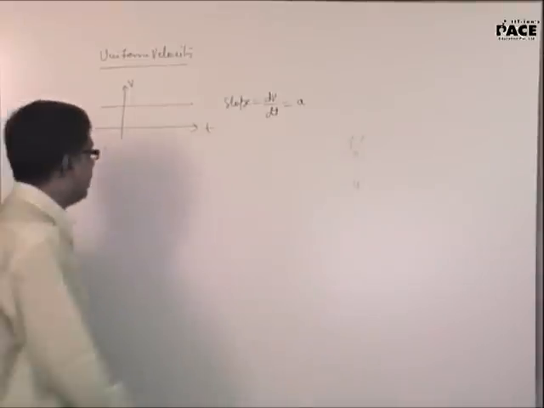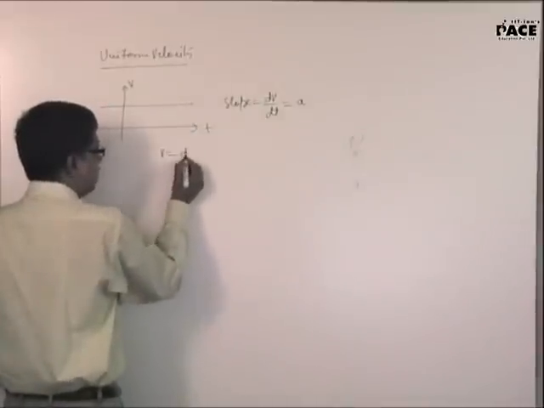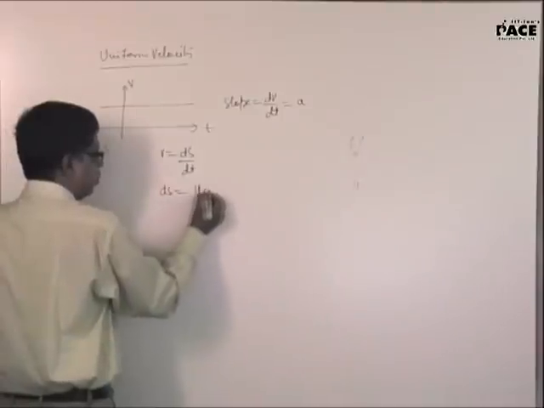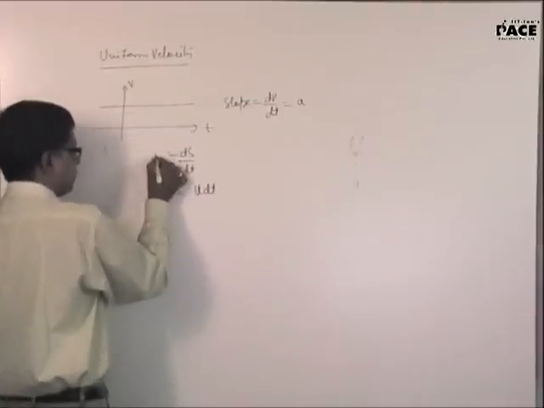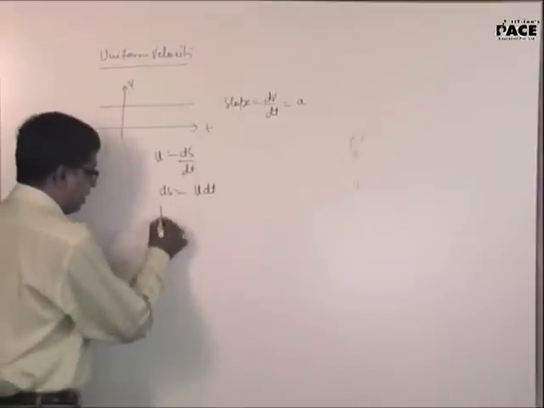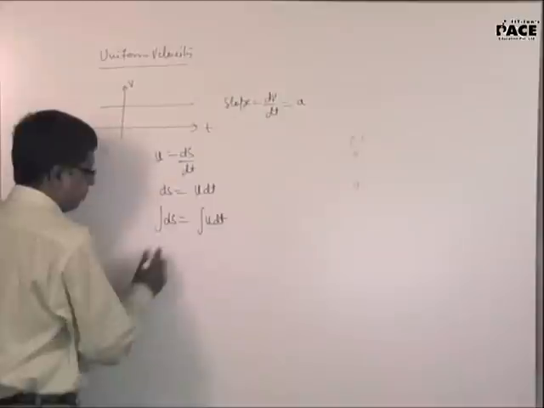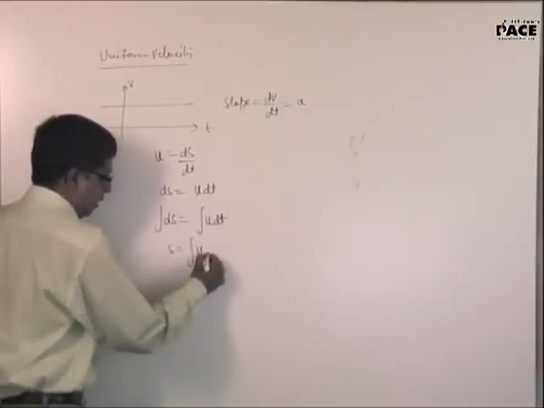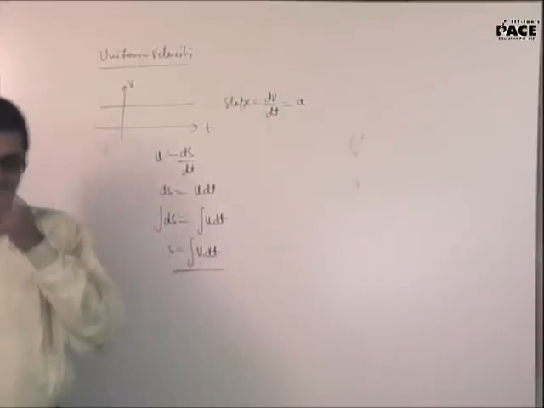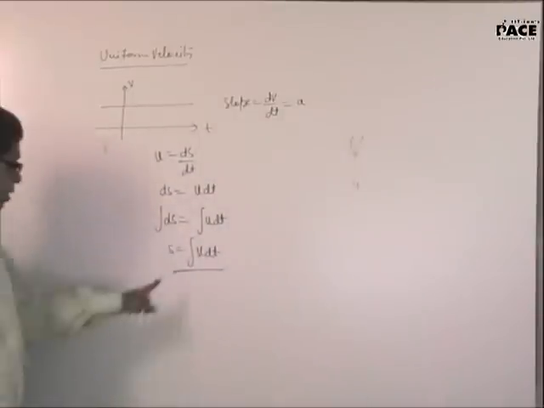Second, if I want velocity as ds by dt, ds is equal to v dt. Integrate ds, integral v dt. S is equal to integral v dt.